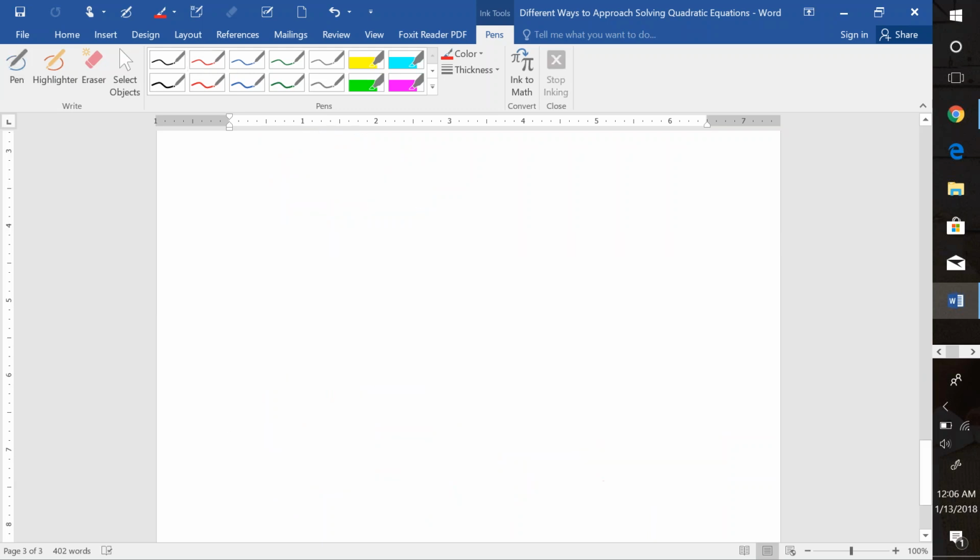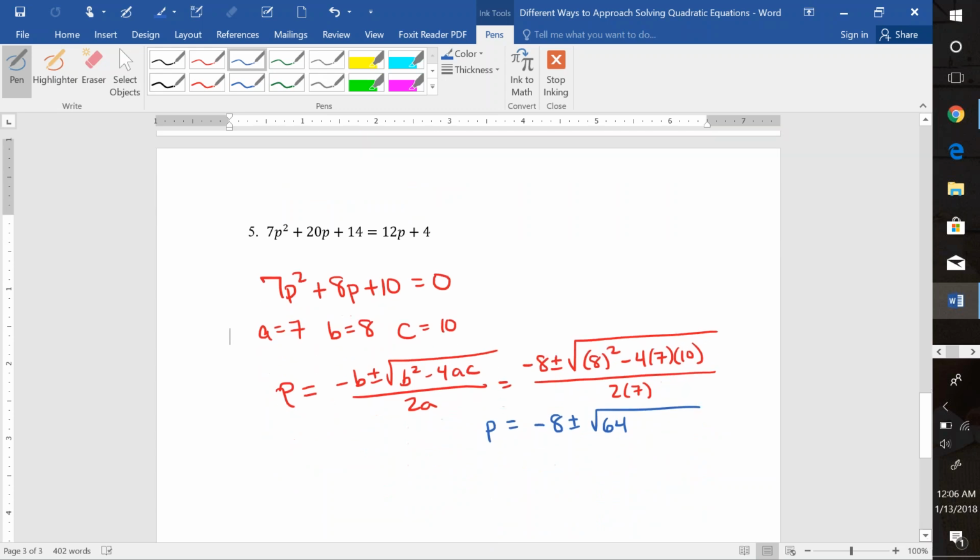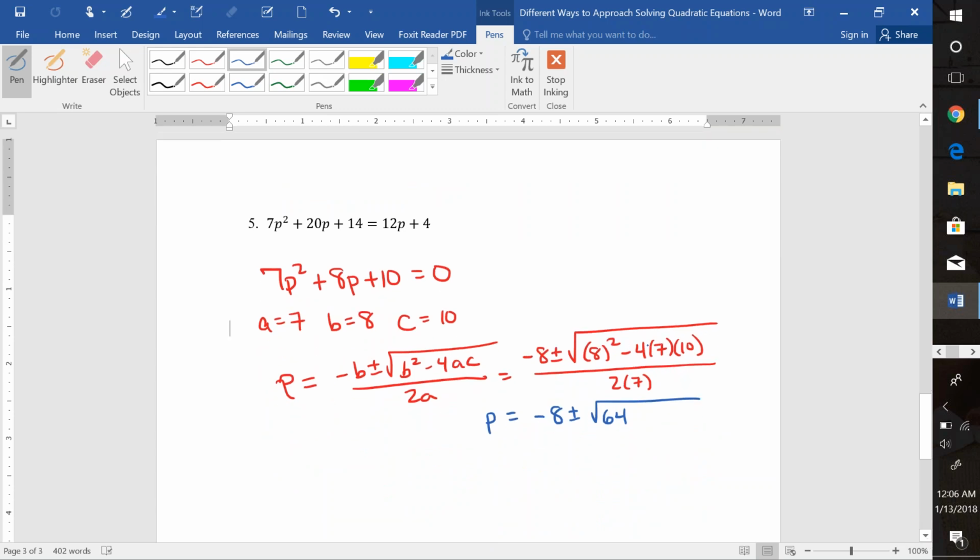So we need to work the inside of that radical first. So 8 squared is 64. So this would be equals negative 8 plus or minus the square root of 64. And then you can multiply those three numbers together. This is negative 4 times 7, so that'd be negative 28, times 10 would be negative 280, all over 2 times 7, which is 14.